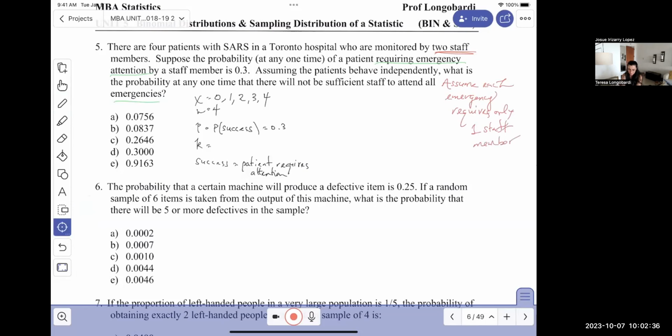So in that sense, if there are 2 emergencies, we lose 2 staff members. So the only time we're going to be in trouble or have insufficient staff will be 3 or 4 emergencies. I think it's important to say this assumption because you're making it when you do this calculation.